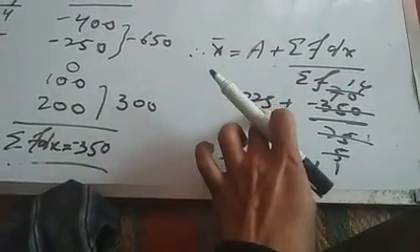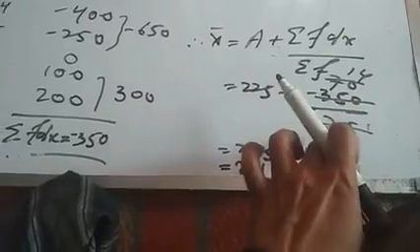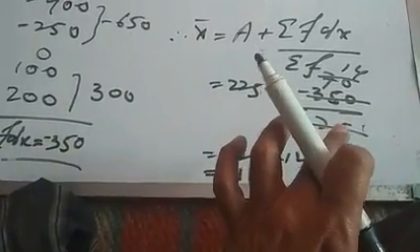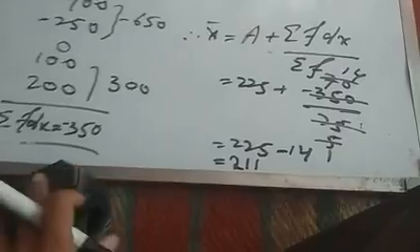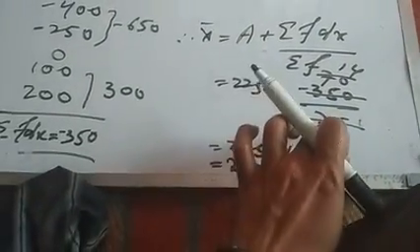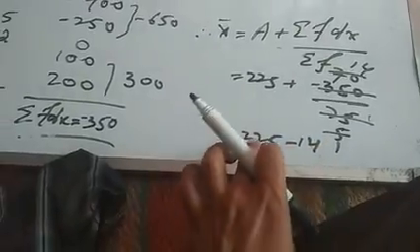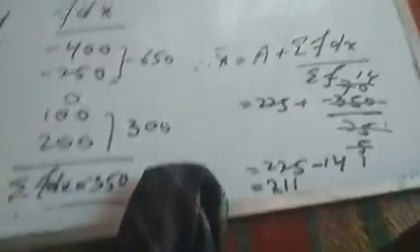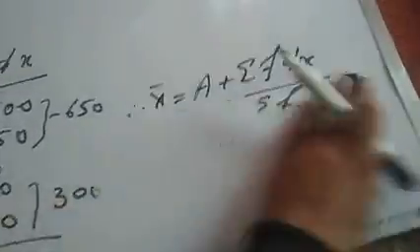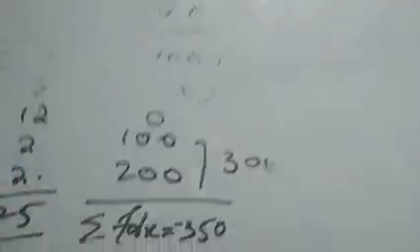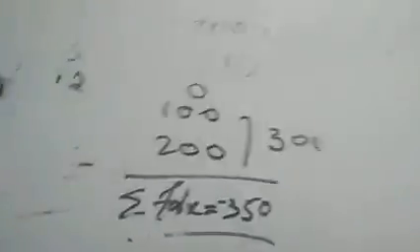So it is 225 plus minus 350 divided by 25, you will get minus 14. So 225 minus 14 is 211. This is how you have to find the assumed mean.